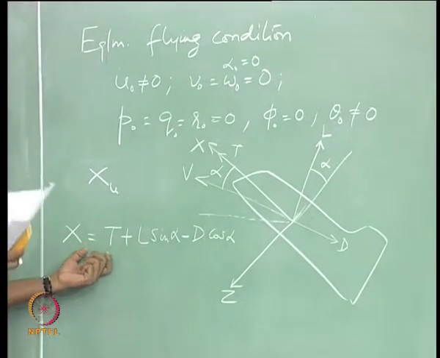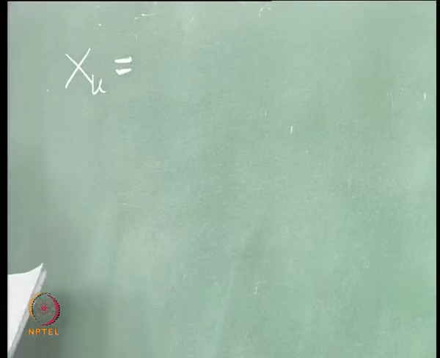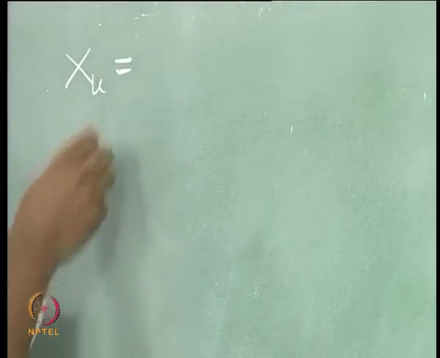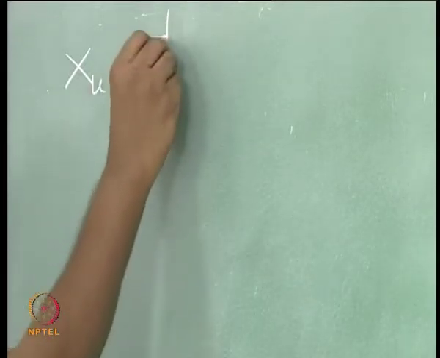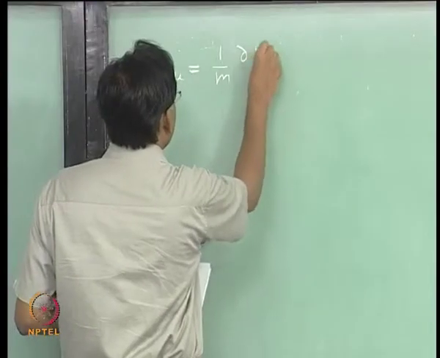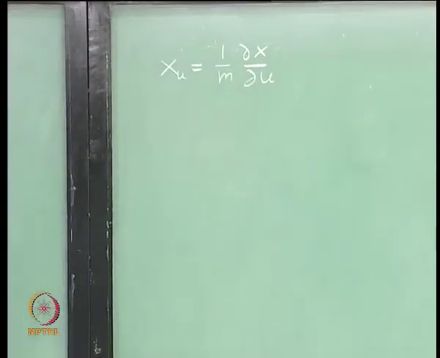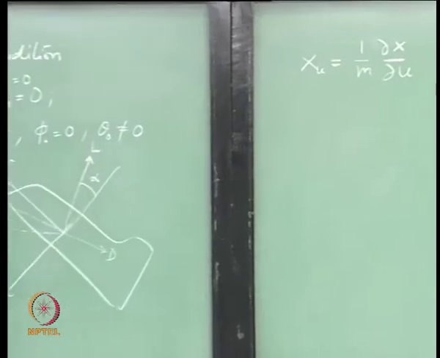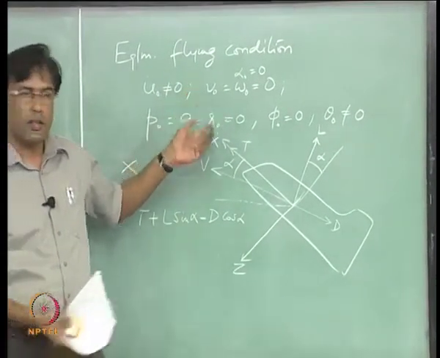If it is, or angle of attack, right. If it is not, then we can drop this. So, we derived the expression for xu and that was for this equilibrium condition. Okay. So, you have to keep that in mind.